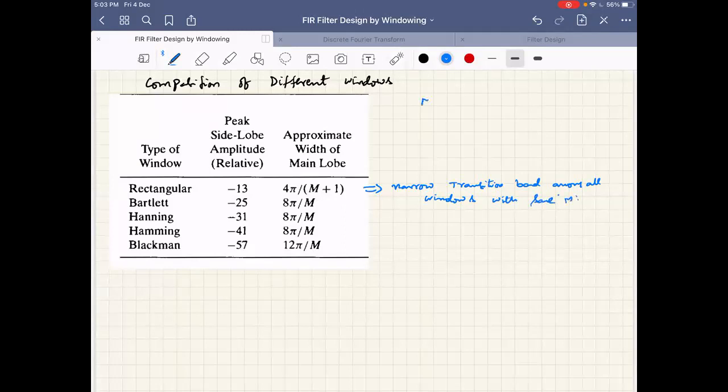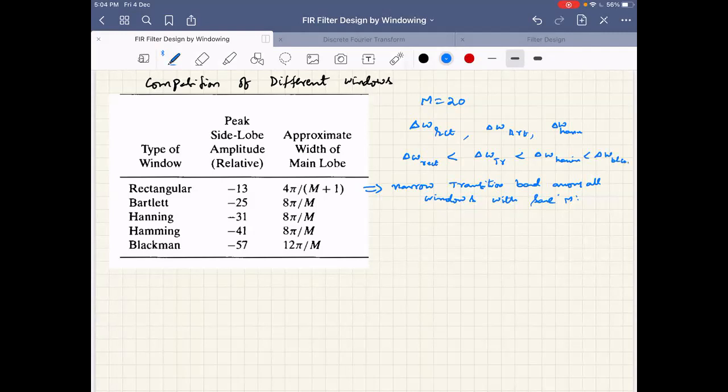That is, if you fix m equal to 20 and find the transition bandwidths with the rectangular window, the Bartlett window, the Hamming window, and so on, we can see that delta W for the rectangular window will be less than for the triangular window, which is still less than for the Hamming window, and still less than for the Blackman window.